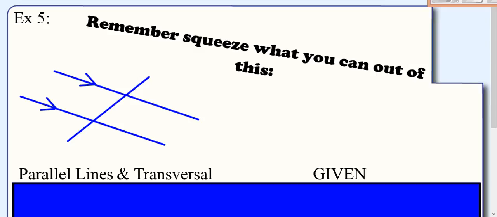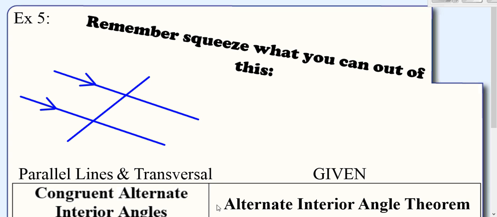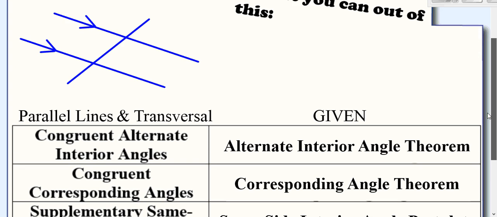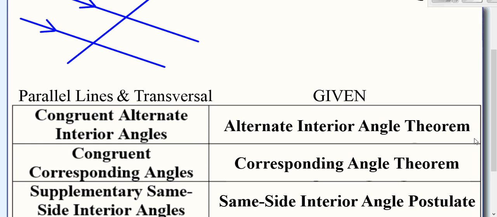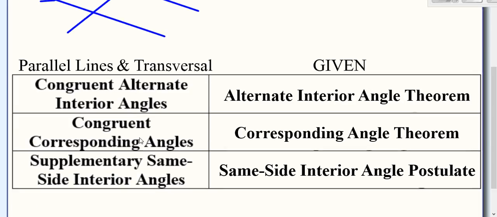So when you've got parallel lines with a transversal, there's a lot of information. You've got alternate interior angles are congruent, corresponding angles are congruent, and same side interior angles are supplementary.